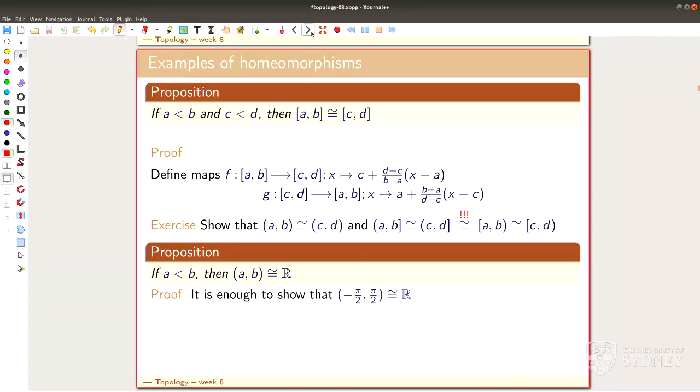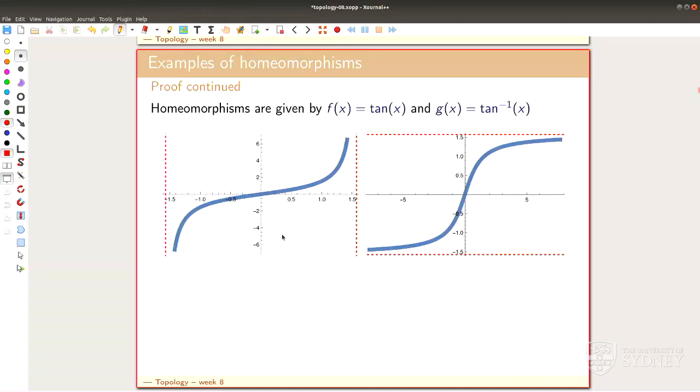Okay. I claim that it's enough, by the previous nonsense, to do it for this funny interval. You'll see in a second why it's pi over 2, because I'm using a very well-known function to do it. It's this function. So g is the inverse of the tangent, and this is the tangent function.